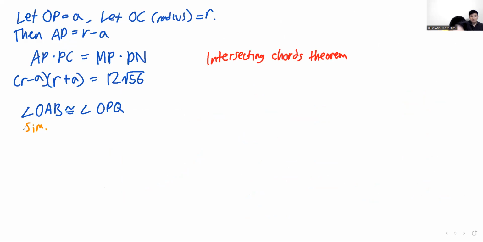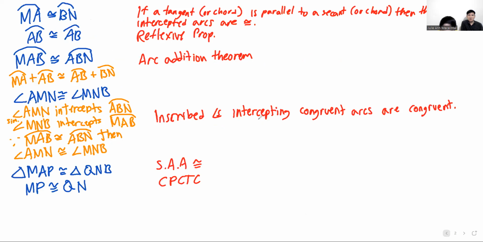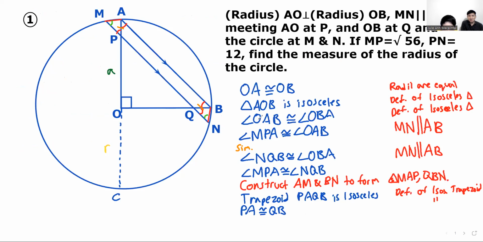Similarly, angle OBA is congruent to angle OQP. This is because MN is parallel to AB. Can we check on the figure? Which angles are those? OAB. That's why I should have made the angle small.